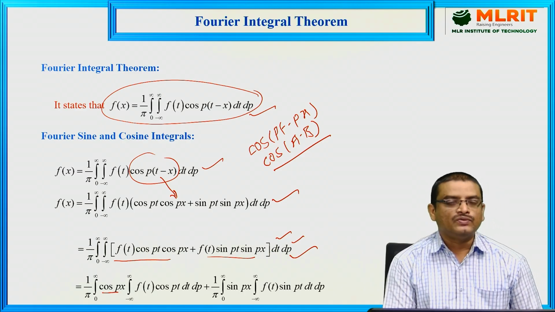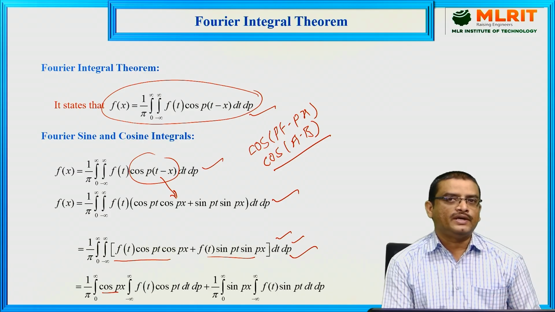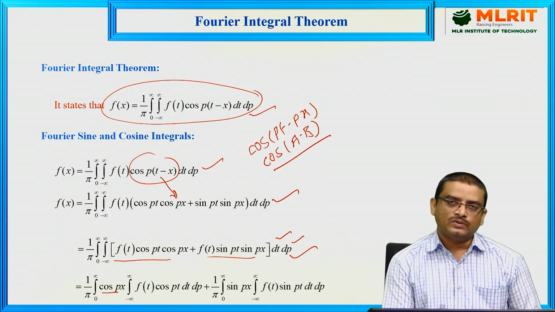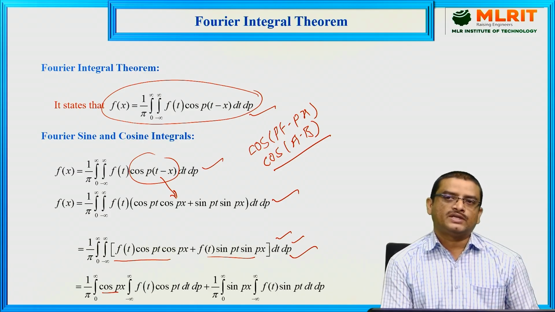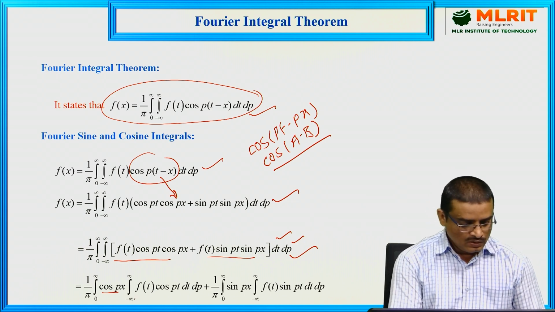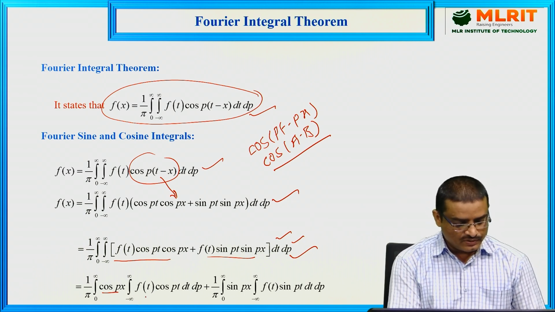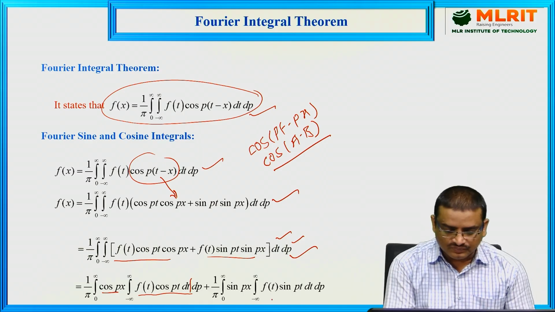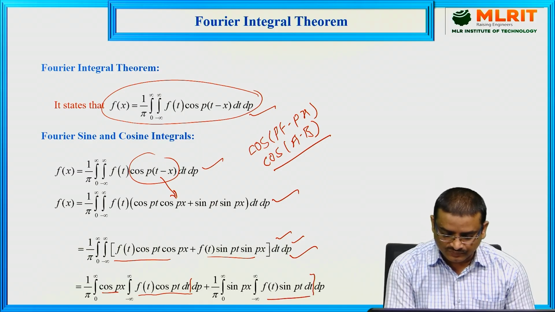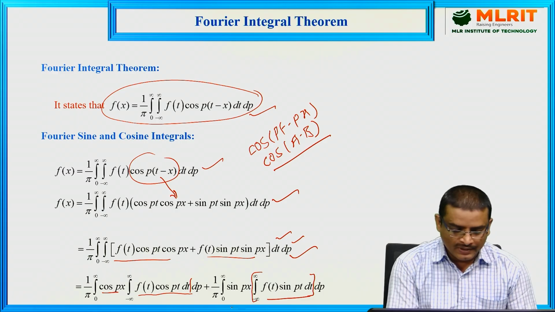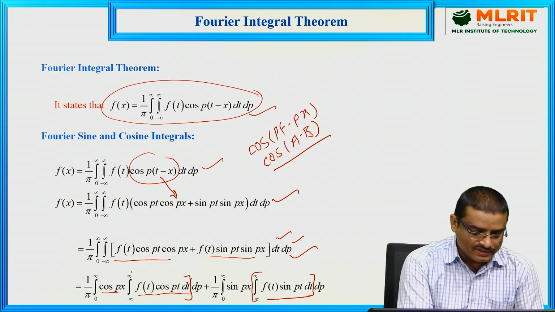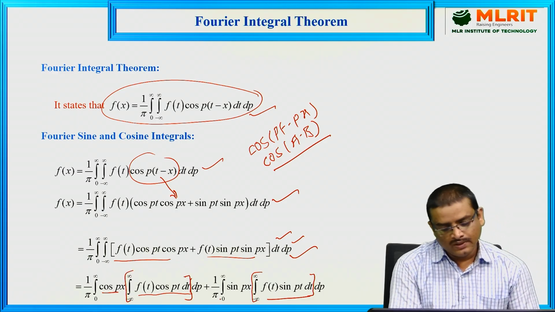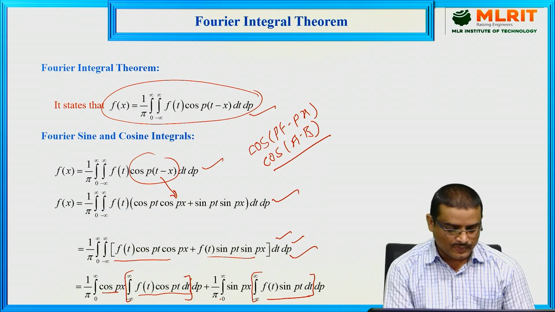So we have seen how to apply multiple integrals, one with respect to one variable and next with respect to another variable. Now take integrals minus infinity to infinity f of t cos pt dt, and similarly follow the same procedure here. First you complete this integral which is inside the brackets, and then we can go for the second integration with respect to p.